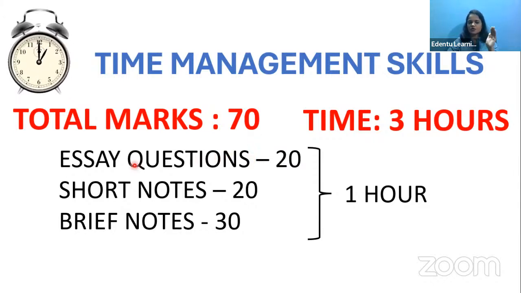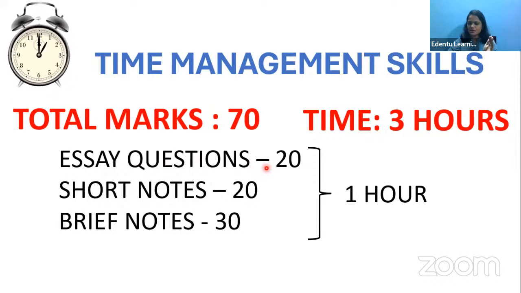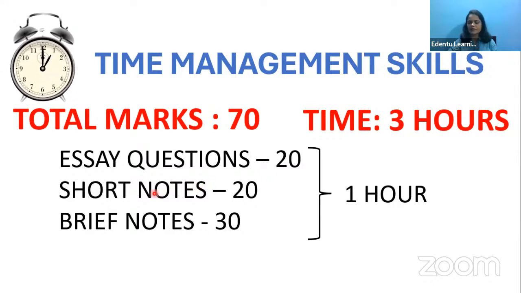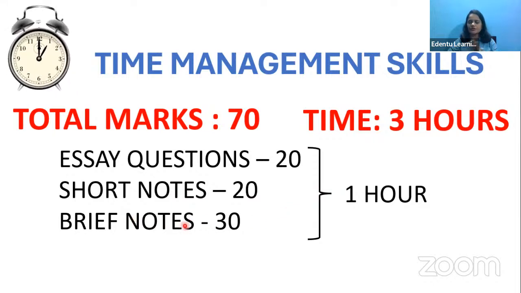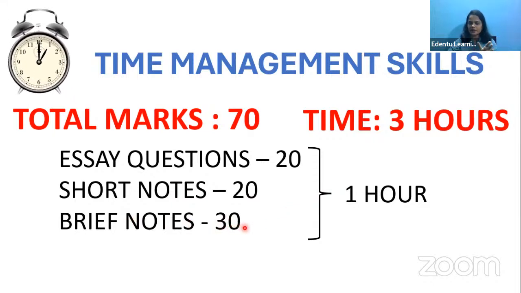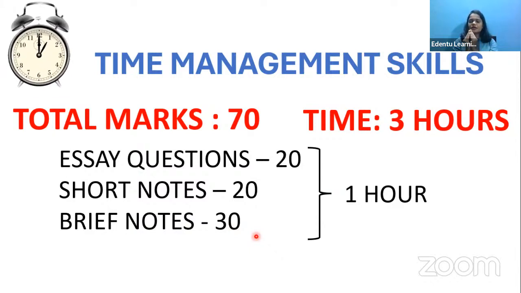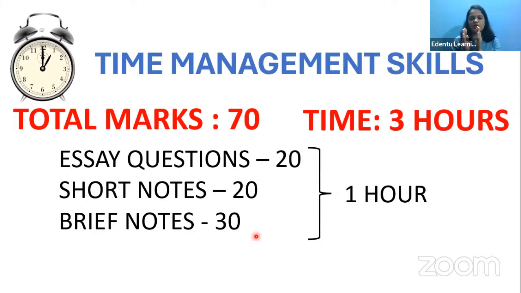For essay questions, you have two essays. Half an hour you can take for one essay, and half an hour for the other. Short notes, you have 5, divide the time accordingly, and brief notes, you have 10, divide accordingly. But mostly for essay questions, utilize only 1 hour, and for the short notes, utilize only 1 hour.